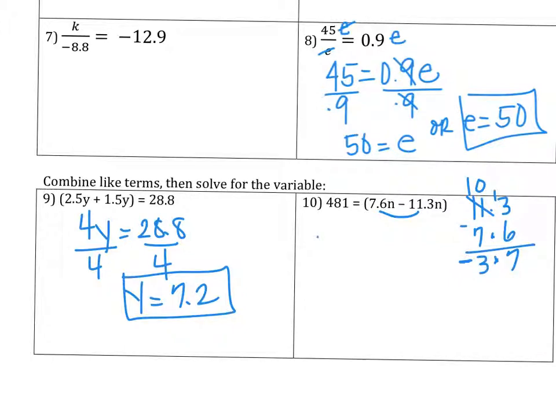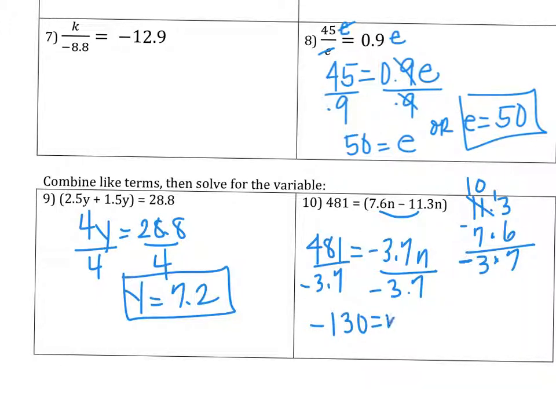So we have 481 equals negative 3.7n. Divide both sides by negative 3.7 to get n by itself. Which gives us negative 130 equals n, or n equals negative 130.